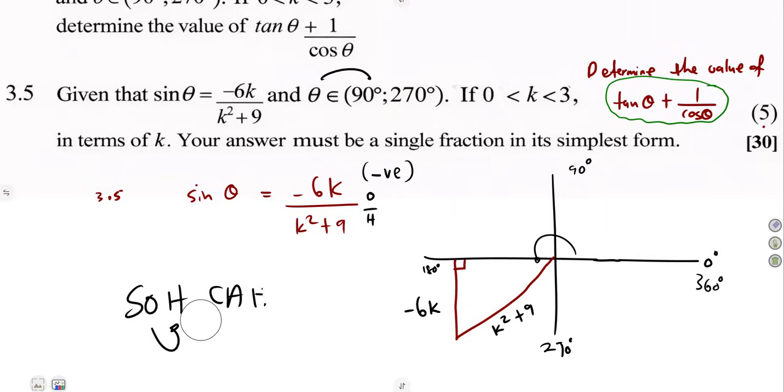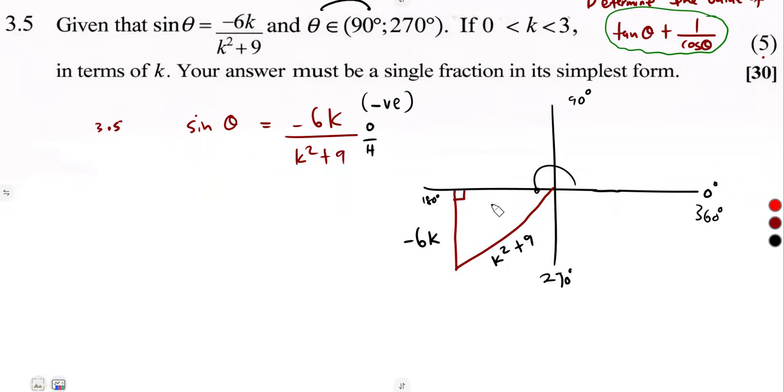So definitely you are going to need to determine the third side, which is in terms of k. How can we determine that? Remember that r squared is equal to x squared plus y squared. So we need to calculate our x.